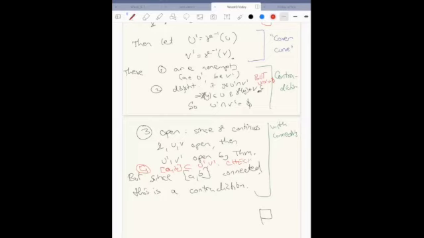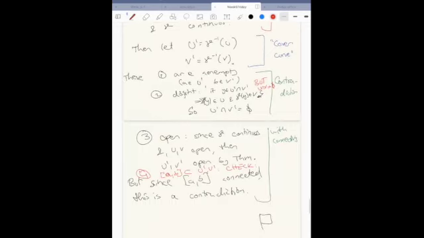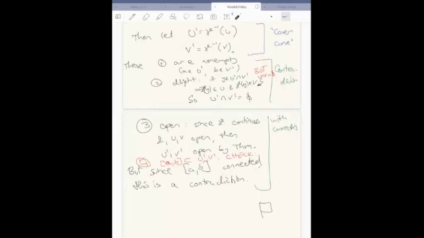And the idea is that, well, U and V cover X, and gamma has values in X, so that every value has to be either contained in U or in V. But since [a, b] is connected, there is no such decomposition into two open sets that are disjoint and non-empty, because it's connected. So that's a contradiction. In fact, they have to have a common point.